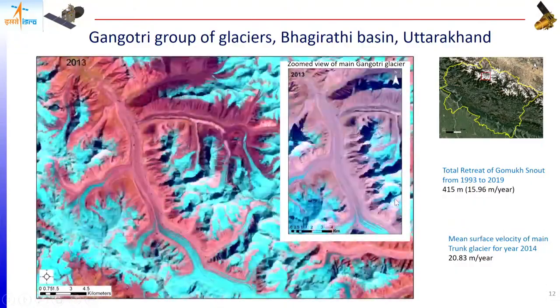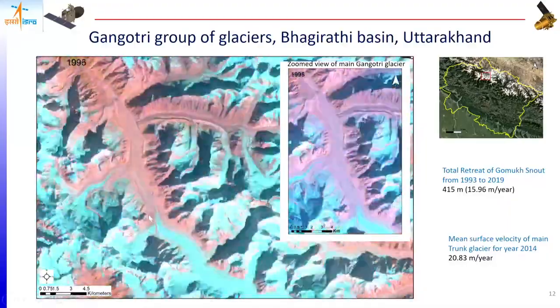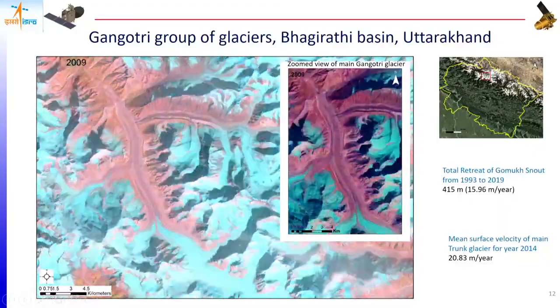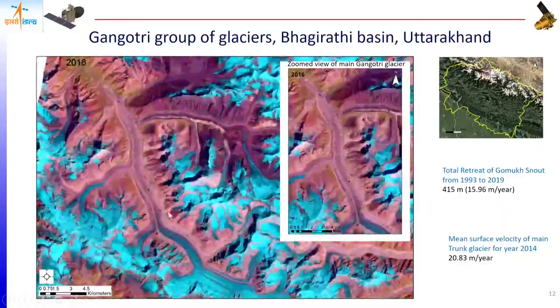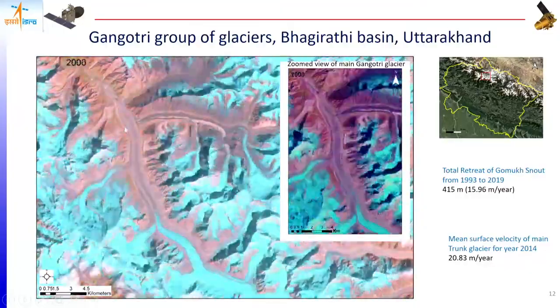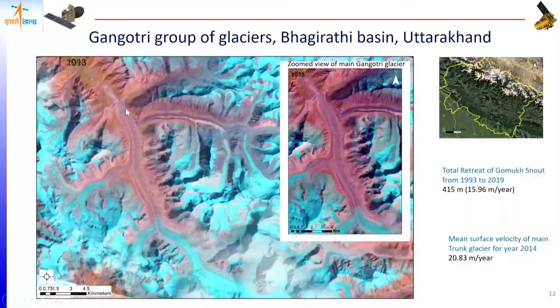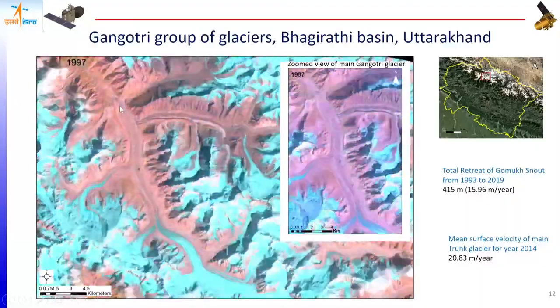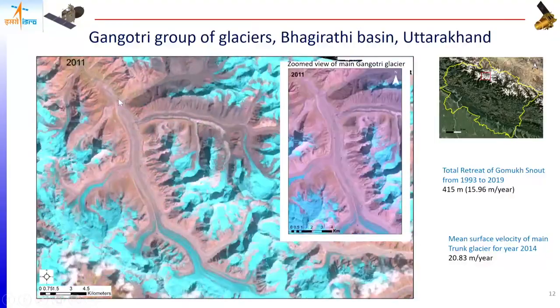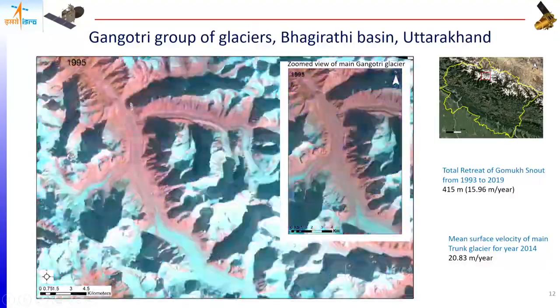Now the second one is glacial hazards. This is an example of the Gangotri glacier. As we know, glaciers are moving rivers of ice, and due to climate change and other activities, this snout, which you can see here, I will show at the end of the slide, undergoes various geomorphological changes.